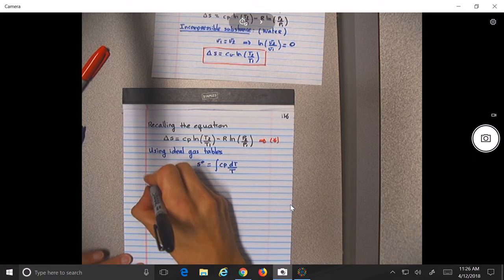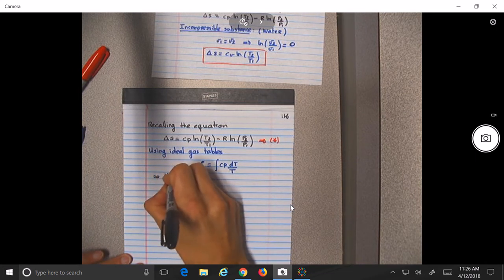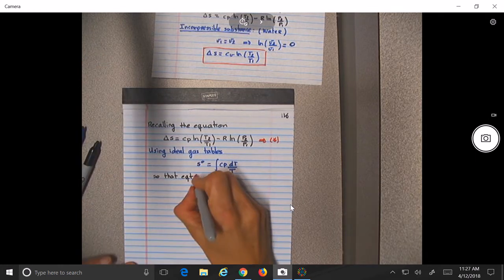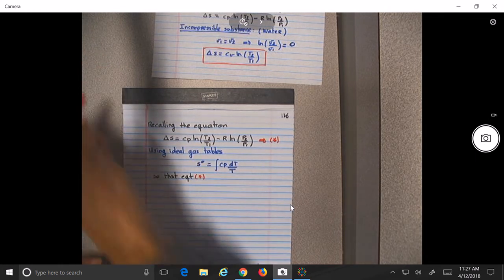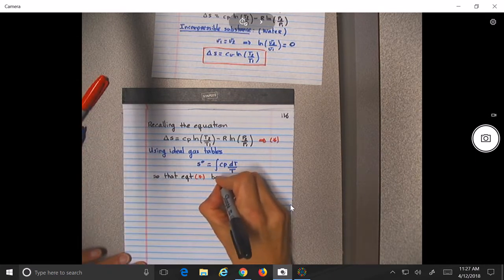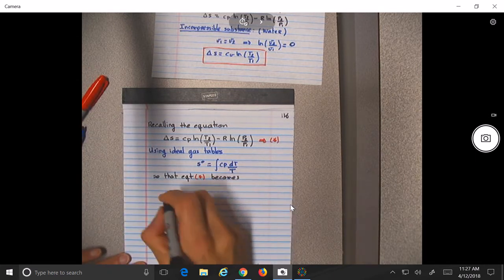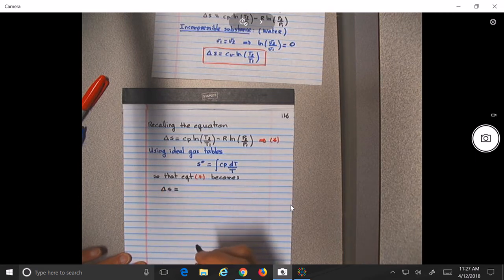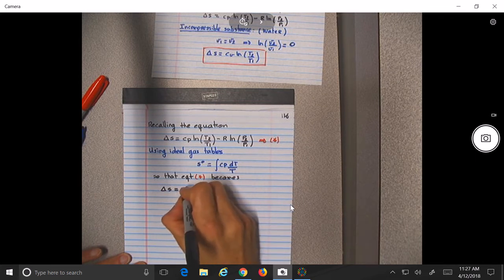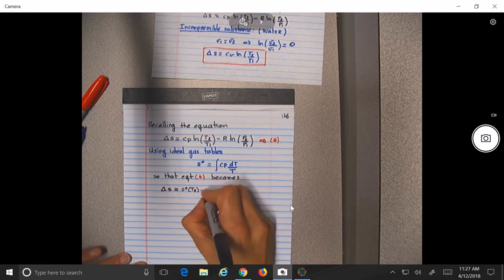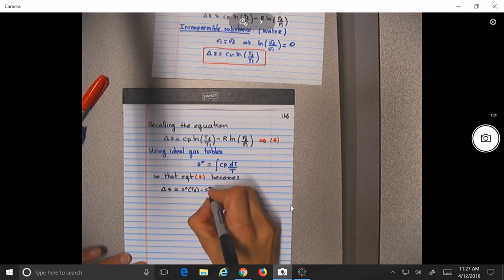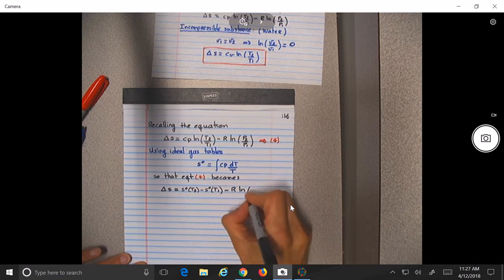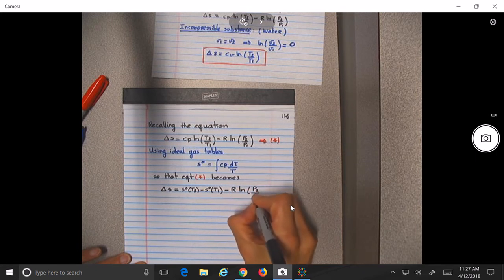So that equation star becomes delta S equal to S sub o T2 minus S sub o T1 minus R log P2 over P1.